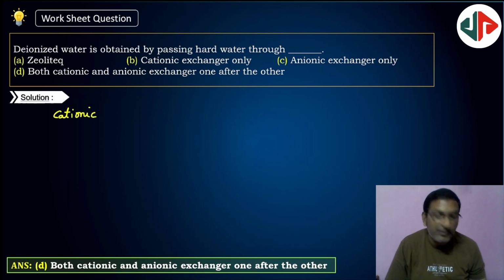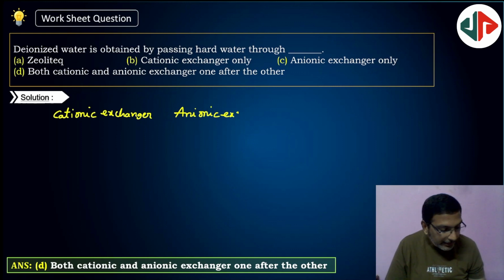There are two types of exchangers. Cationic exchanger, anionic exchanger. When hard water is passed through cationic exchanger, it exchanges Ca2 plus and Mg2 plus to release H plus ions.